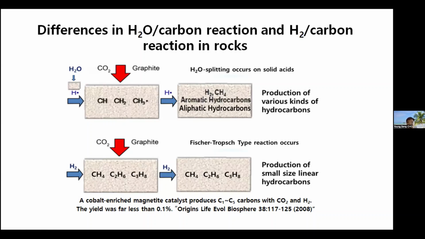For one case, hydrocarbons up to C5 were found. So it is obvious that the reaction between water and carbon compounds on rocks is quite different from hydrogen and carbon compounds on rocks.